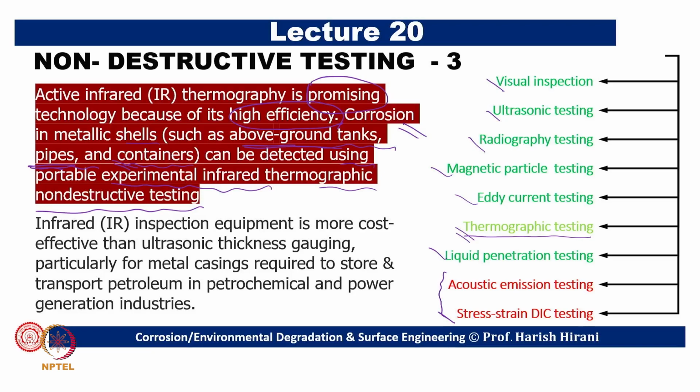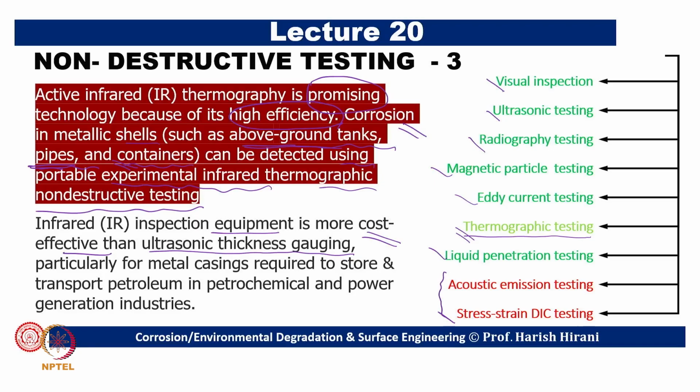One thing is that it can be portable, with very small cameras, and we capture, and if there is some sort of thermal mapping, it can be converted to visual photographs, which is very useful. Now, one more point on why it is more important. It says infrared inspection equipment is cost effective compared to ultrasonic thickness gauges. Whenever the cost comparison comes, UT will be treated as a bit costlier compared to infrared.